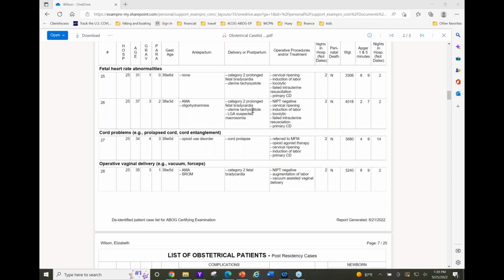Okay, now you mentioned it here as a complication. How did it impact your management?